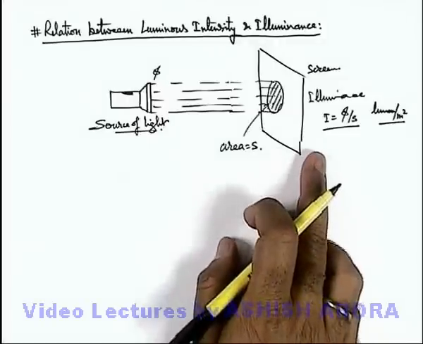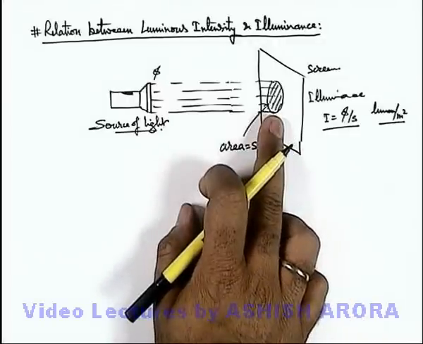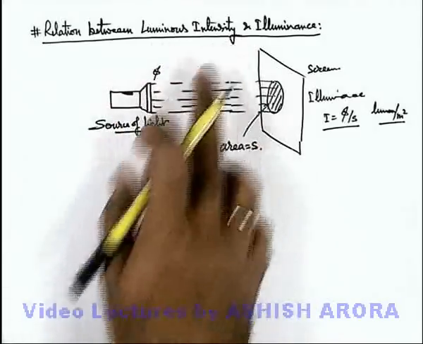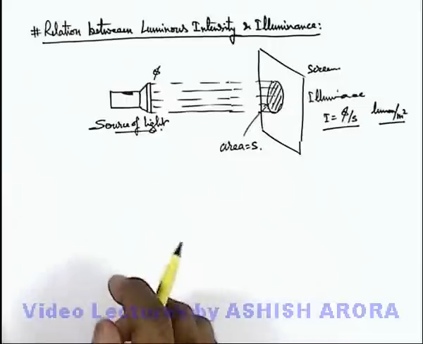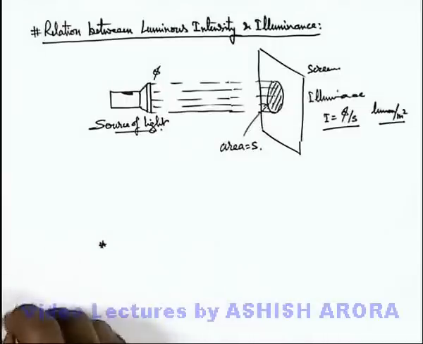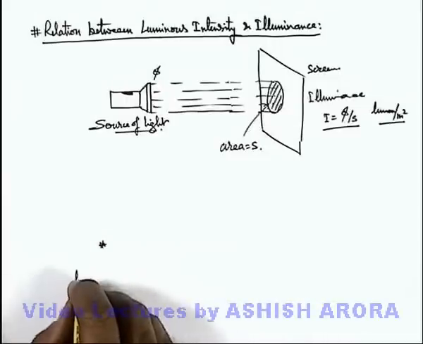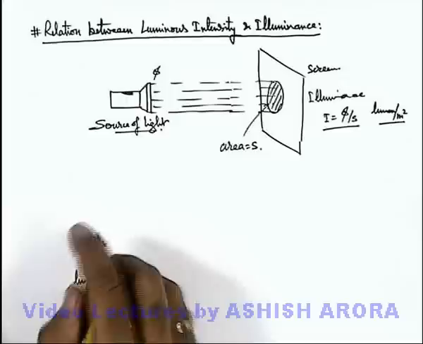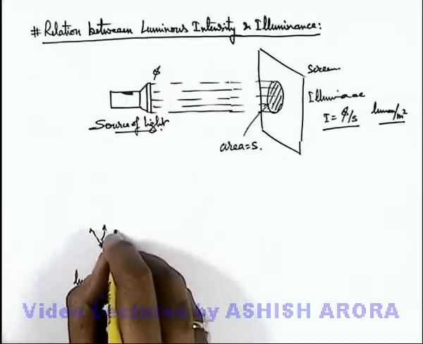Now we can also relate the illuminance on a surface due to a light source in terms of luminous intensity. For this, say we consider a point isotropic source of light which is of total luminous flux phi. It is emitting the total flux phi in all directions.